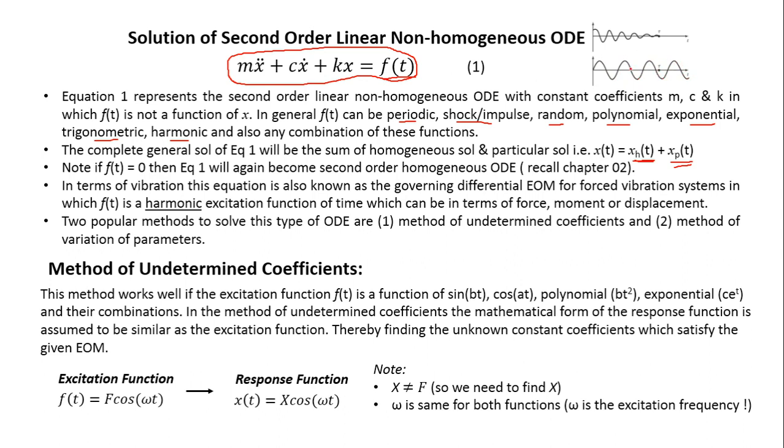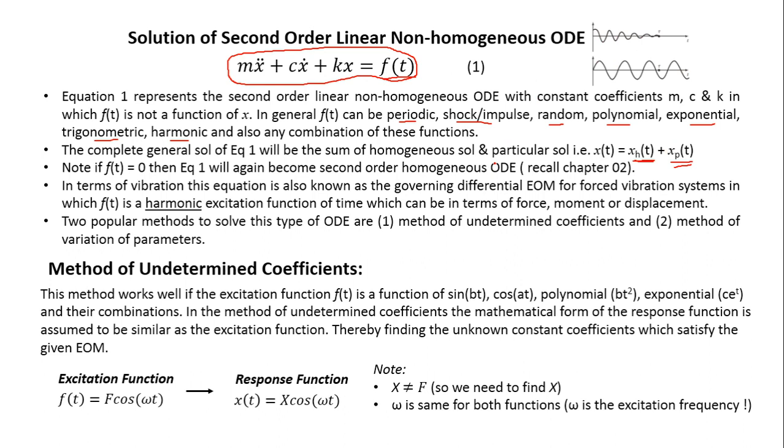So this excitation is never removed from the system. It acts there continuously, and therefore the particular solution is a steady state solution. So in terms of a non-homogeneous differential equation, we call the particular solution the steady state solution, whereas the homogeneous solution is the transient solution.